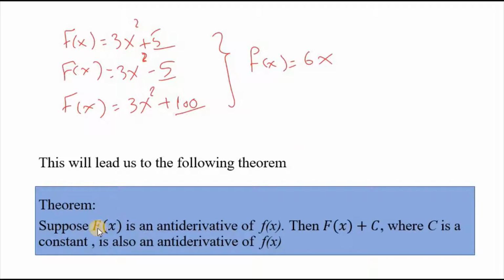The theorem says, suppose that F of x is an antiderivative of lowercase f of x, then F of x plus c, where c is a constant, is also an antiderivative of f of x. So basically, to find more of these antiderivatives, we just add different constants to the antiderivative function, and that will be correct.